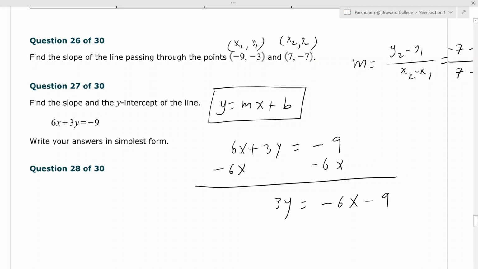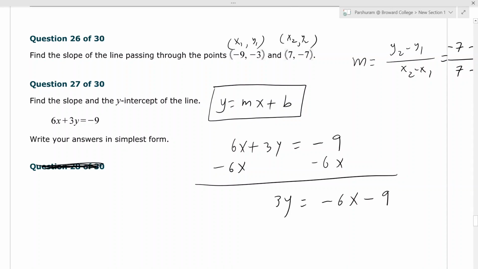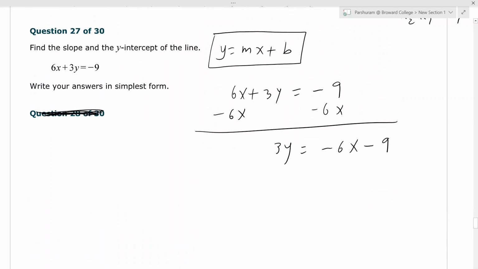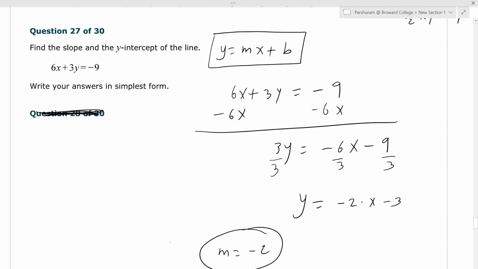We need nothing in front of y, we need just 1, so we have to divide both sides by 3, and by doing that we get y equal -2 times x -3. If you compare this equation with y equal mx plus b, the slope is -2, and the y-intercept comes from this number, which is -3 as well.